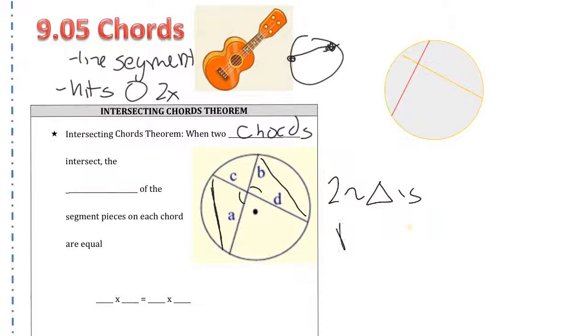So that means I could set up a proportion, because I know sides are proportional for similar triangles. So if I look at these two triangles, it looks like this triangle is being flipped onto the other triangle.